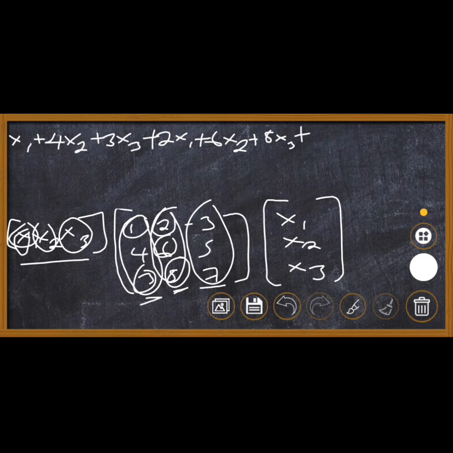So in this case, x1 multiplied by negative 3. Since we are multiplying negative and positive, we have negative. So negative x1 multiplied by negative 3, we are going to have negative 3x1. And then x2 multiplied by 5, we are going to have 5x2.